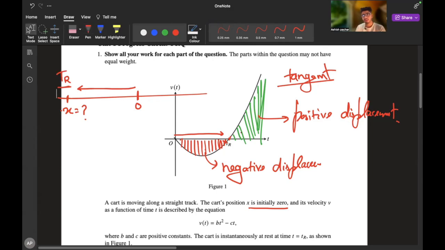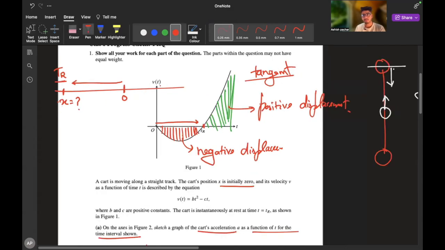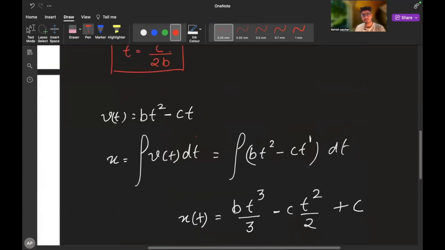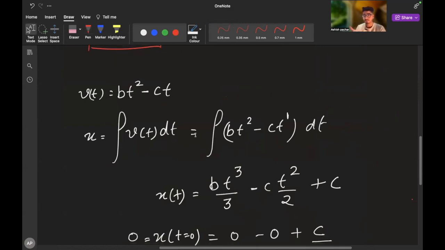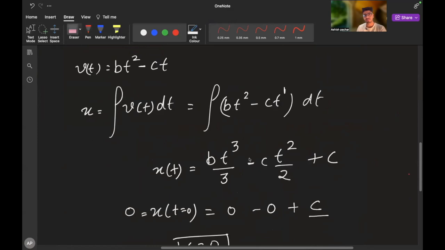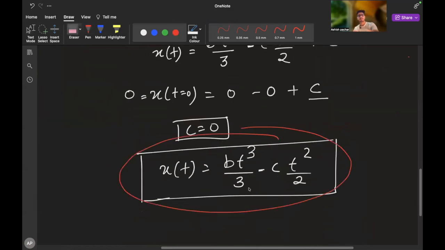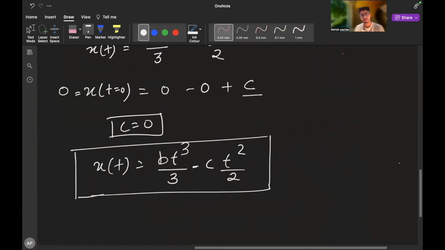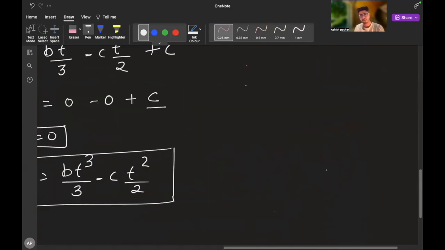So right now we first have to find tr, where the velocity function is 0. Once we get the time, I can plug the tr value into the position function and I will get the answer.